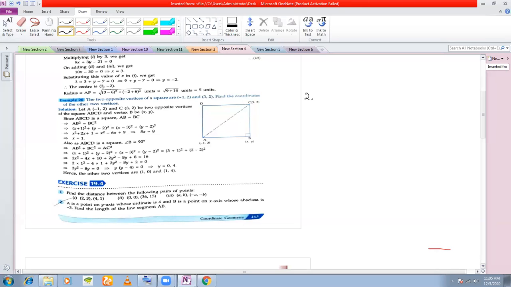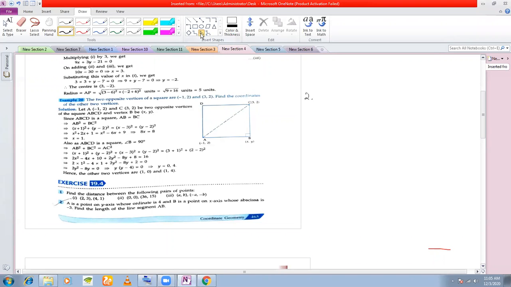Yes, the value of the x coordinate is called the abscissa and the value of the y coordinate is called the ordinate. Okay. In this question, it is given that A is a point on the y-axis.